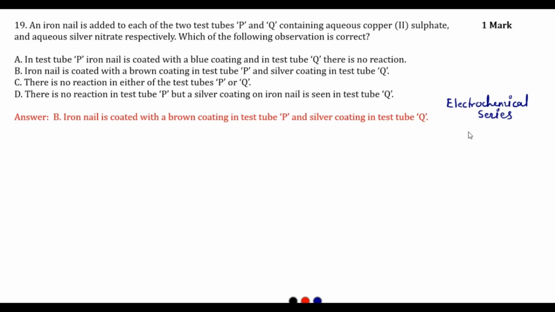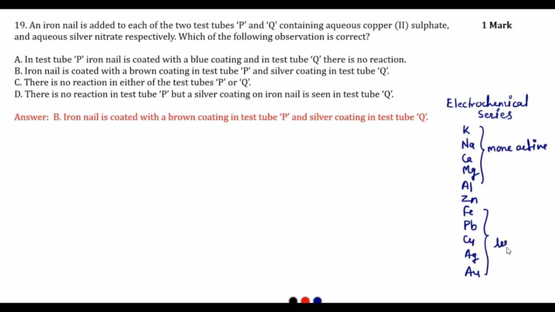In this series, the most active metal, potassium, comes first. After this we write sodium, then calcium, Mg, then aluminium, then zinc, after zinc iron, then lead, Pb, then copper, after this silver, Ag, and then gold. These elements at the top are more active, or reactive, and as we go down the reactivity decreases.